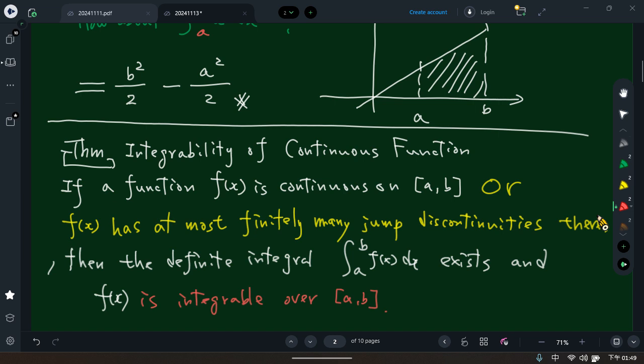Here we are talking about integrable. If the function f of x is continuous on this interval [a, b], it should be an integrable function. But another case is if f of x is not continuous but has at most finitely many jump discontinuities, then in such a case, this function is still integrable.